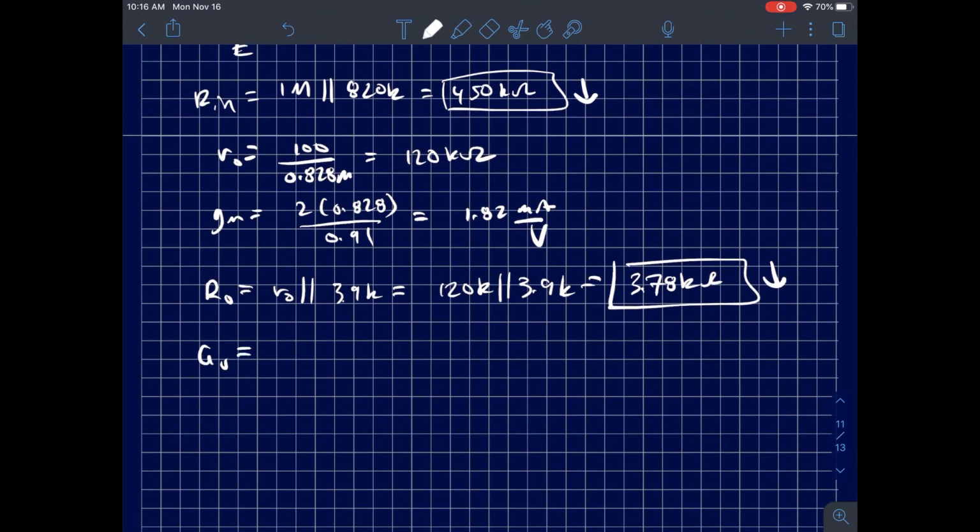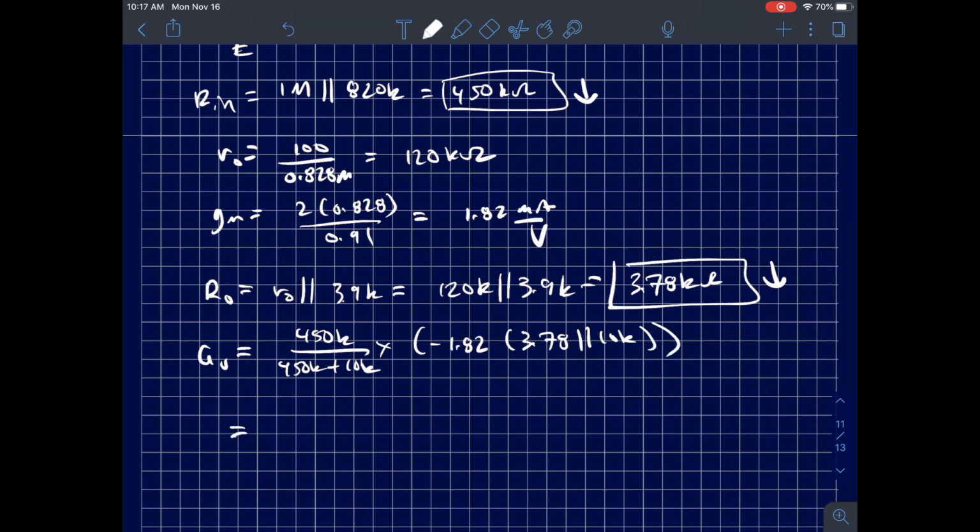Gv is going to equal to Rin, which was 450K over 450K plus 10K times negative 1.82 times 3.78 in parallel with 10K.